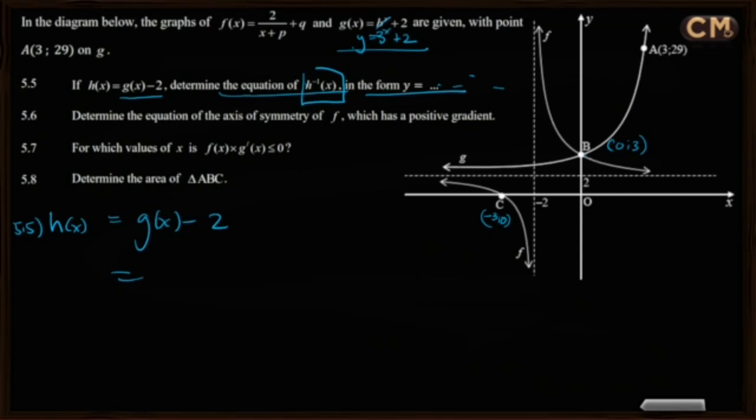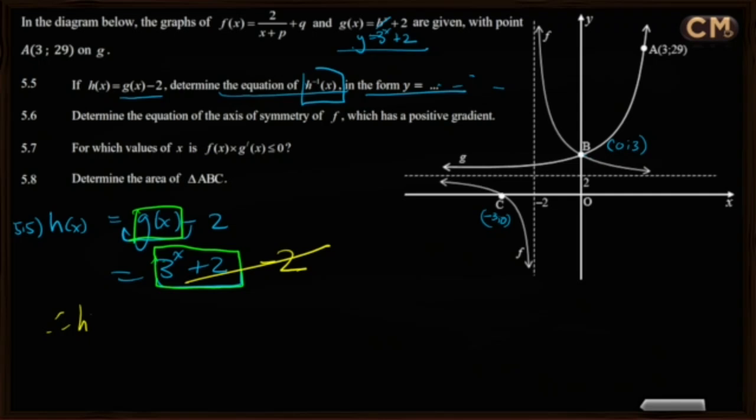In the same vein, we can substitute x values because we won't be able to do the inverse of h if we don't know what it looks like. So without further ado, this becomes 3 to the power x plus 2. So there, we've substituted that. And then of course, we have to subtract 2. Well, 2 minus 2 is equal to 0. Therefore, h of x is equal to 3 to the power x.